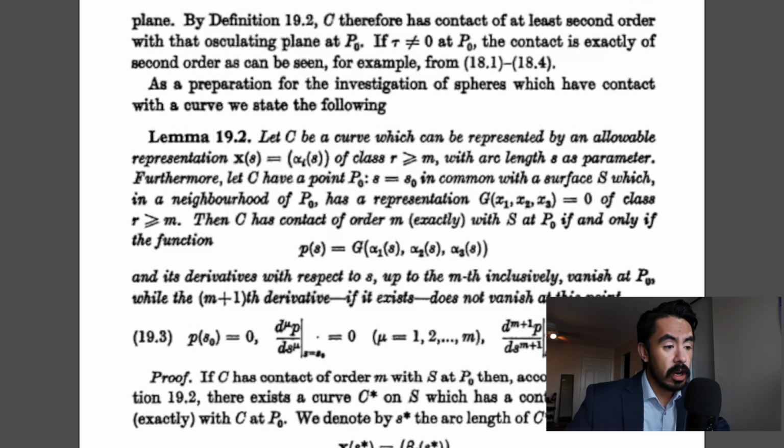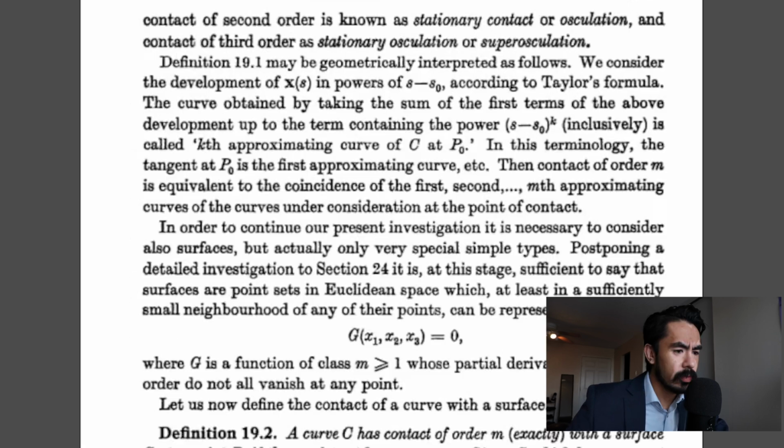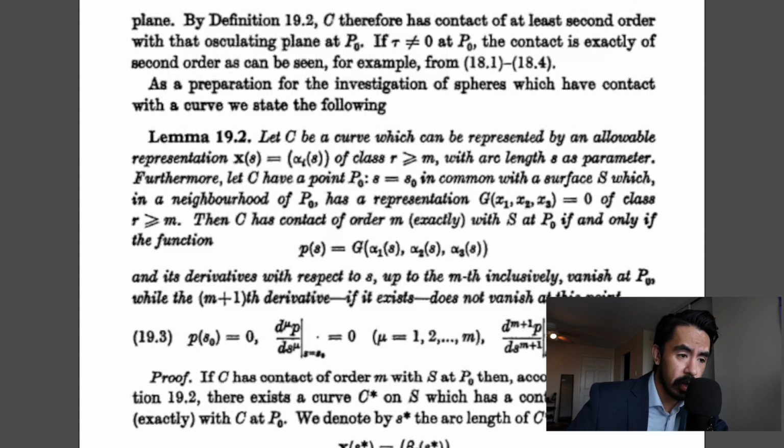By the definition of contact, C therefore has contact of at least second order with that osculating plane at P naught. If the torsion is non-zero at P naught, which you can go back 2 streams and find out all about torsion, the contact is exactly of second order, as can be seen, for example, from the canonical representation of that curve.